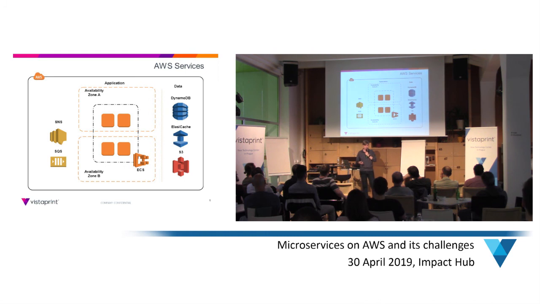SQS, Simple Queue Service, is, again, as the name says, a simple service. It's not a message broker. So you normally use it for sequential asynchronous processing inside of your microservice ecosystem.